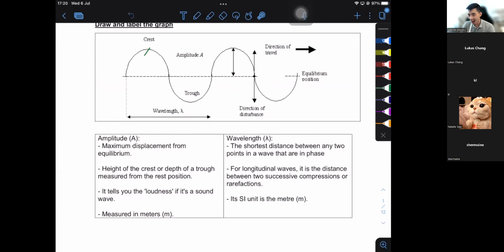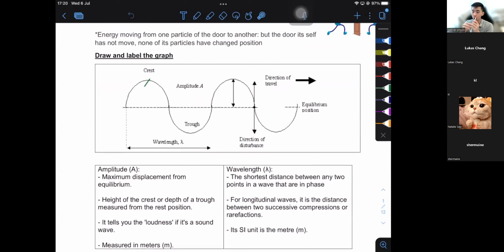The microphone will convert my sound energy into electrical energy, and that electrical signal will travel all the way through the World Wide Web to your speaker, where your speaker converts the electrical signal back into sound.